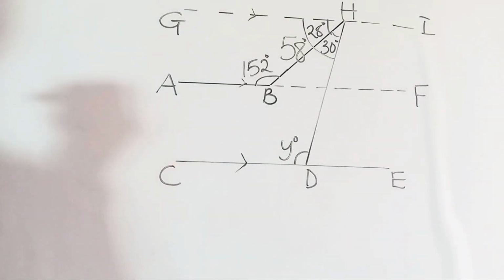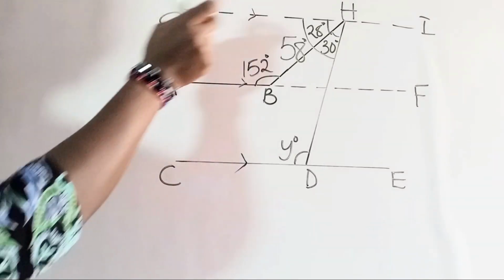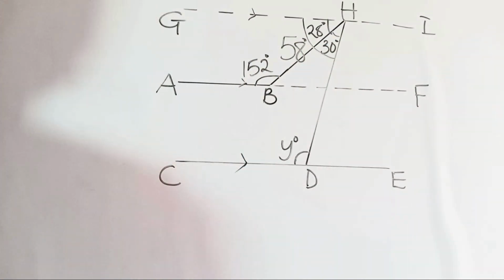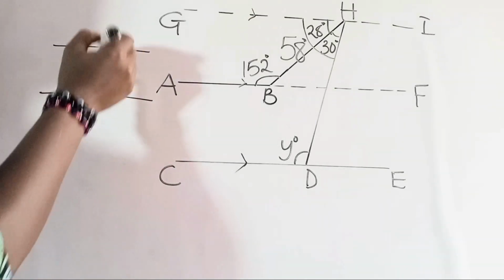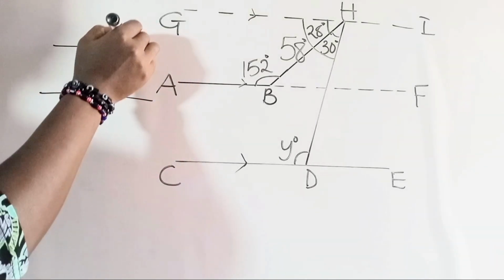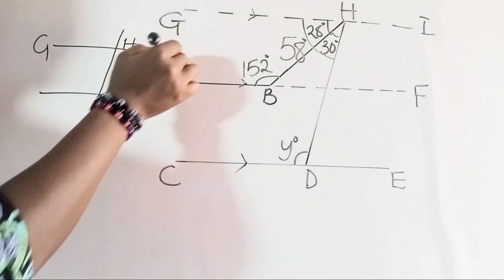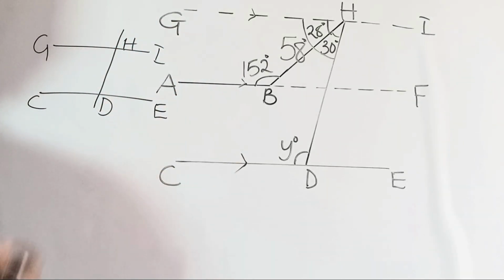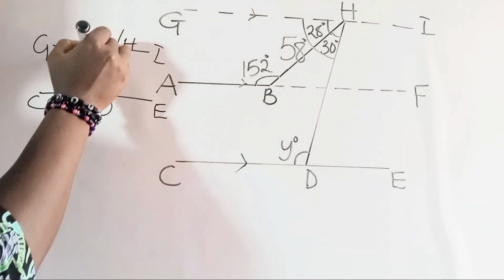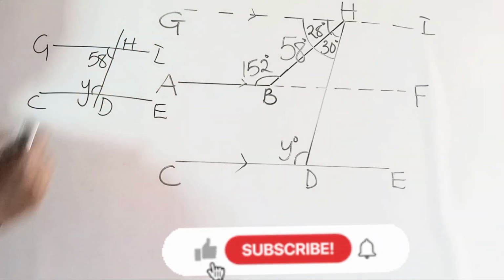The first way is considering these parallel lines GI and CE. If these are the two parallel lines and HD is the transversal, this is GI and this is CE. You know that this angle here is 58 and this angle here is y, right?